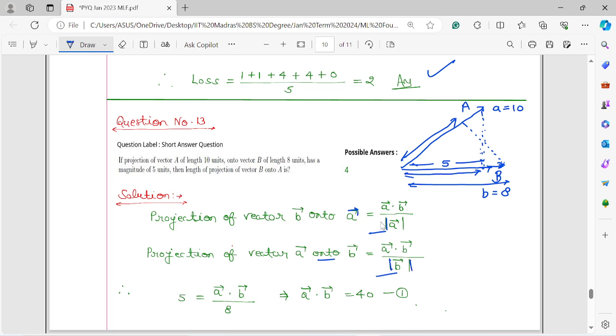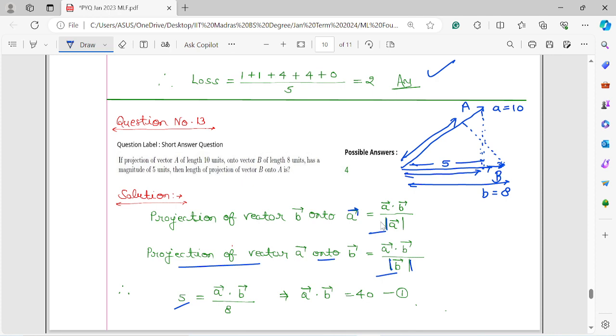So for the first case, it is given as the projection of vector A onto B, which is A dot B divided by the magnitude of B. This value is given as 5, and the magnitude of vector B is 8 units.